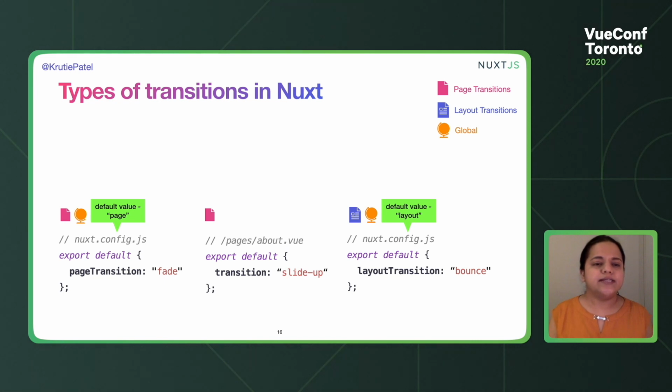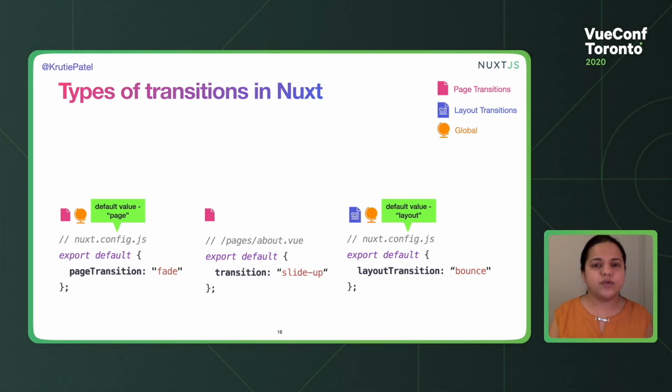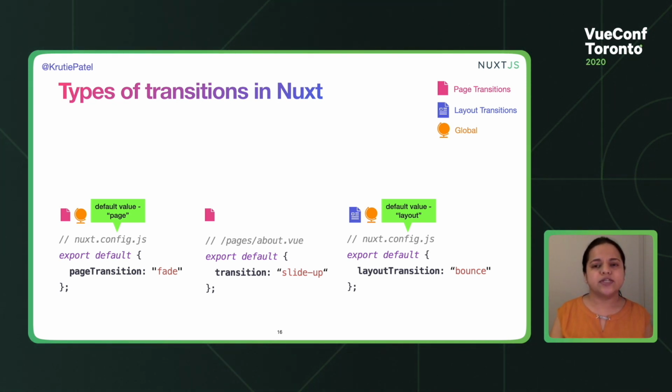Now, the strings you see here, like fade, slide up, and bounce, they are all CSS transition classes. By default, Nuxt will look for these class names in global CSS, but how many other types of values can we use for our Nuxt transition?